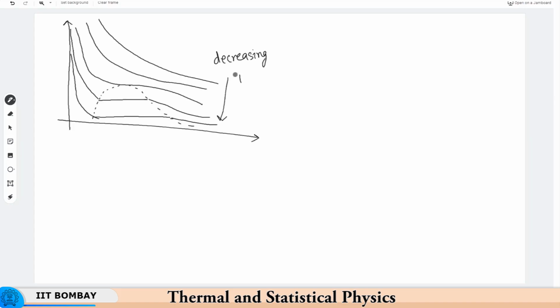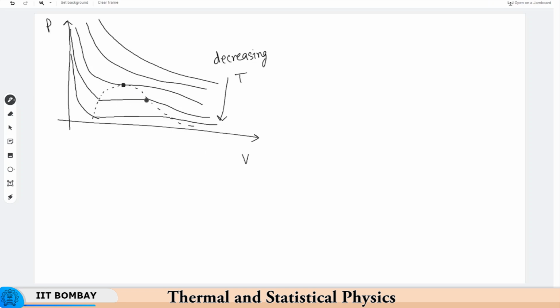Okay, so this is pressure, this is volume, and as a function of decreasing temperature, we see that there are huge deviations from the mathematical scaling of P with inverse V, so much so that there is a critical point where the pressure is independent of volume.